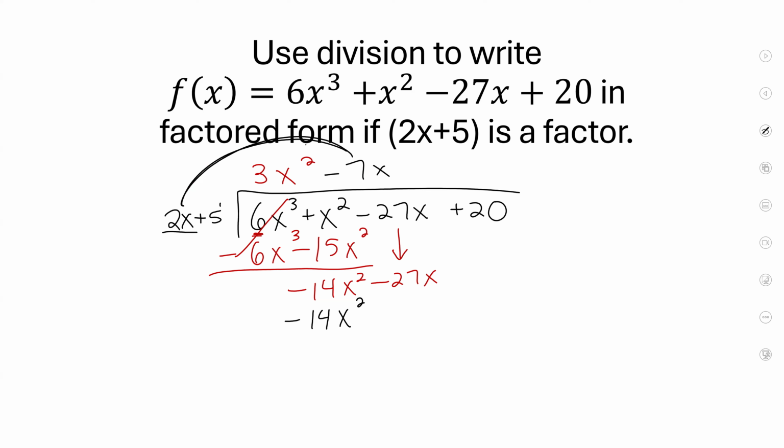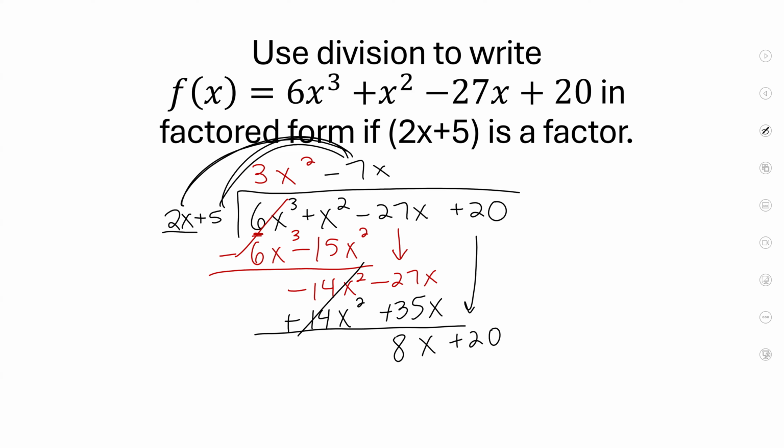And then do the next number. 5 times -7? -35x. Now what do I do after this step? I change the signs. So those cancel. So what will this become? 8x. We're going to bring down the 20.